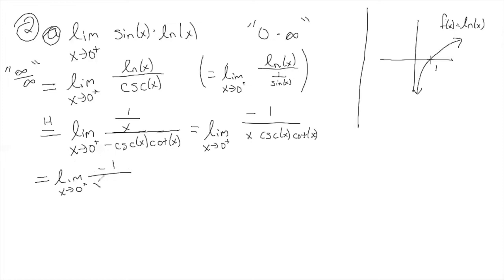So I have x times 1 over sine x. And again, apologies for the handwriting there. And then remember, cotangent is cosine over sine. Okay. All right, I can simplify that a little.